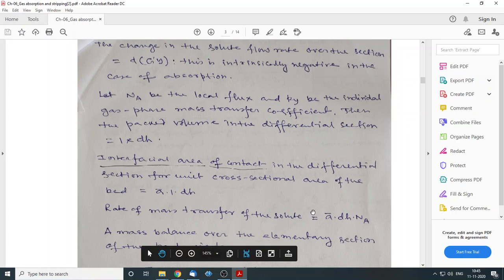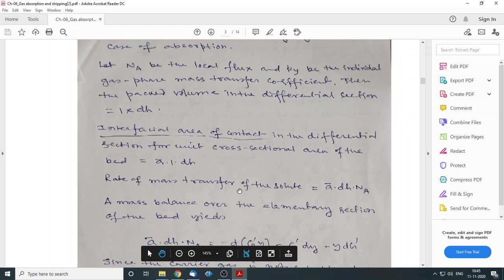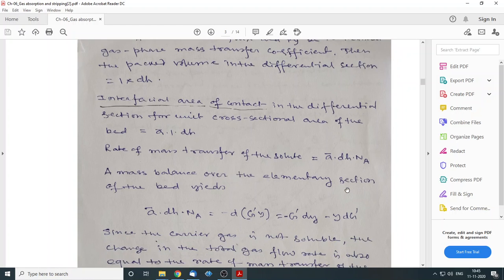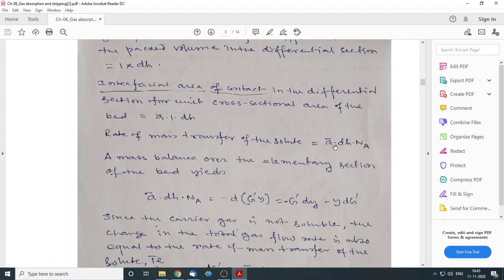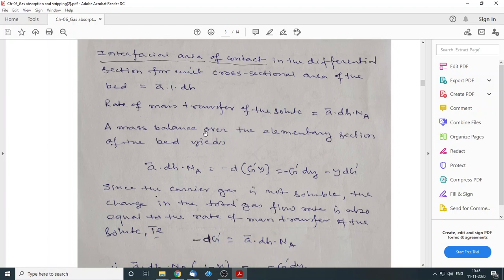So the rate of mass transfer of the solute is the mass transfer area a dH times the flux. Then the total mass transfer in height dH will be this. Now I am getting this from the mass transfer concept. Now I will write the elemental mass balance.